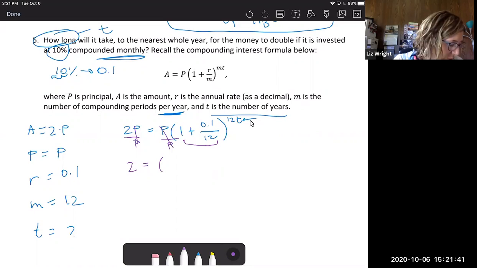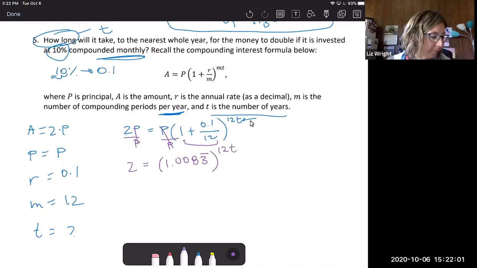You should be getting 1.0083 repeating, and it's still being raised to the 12t.